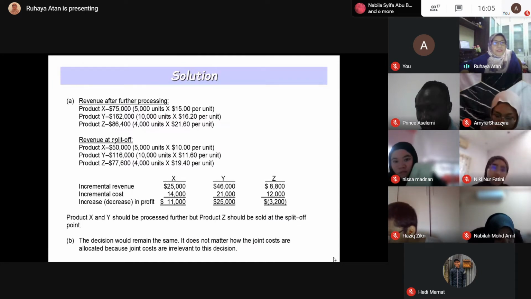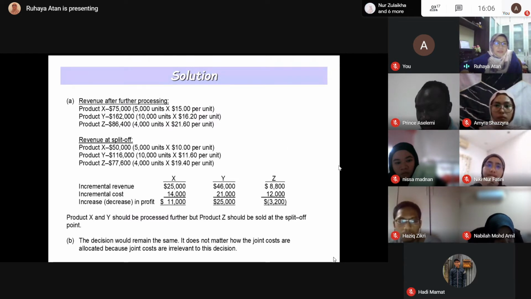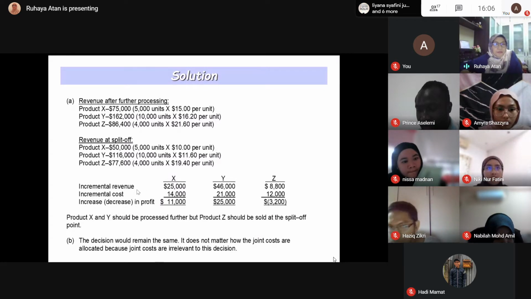So you will have an incremental revenue. Actually, you can prepare another table to see the difference in the incremental value. So for X, incremental revenue will be $25,000.